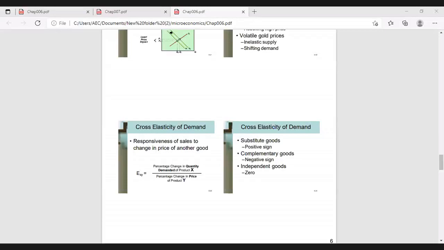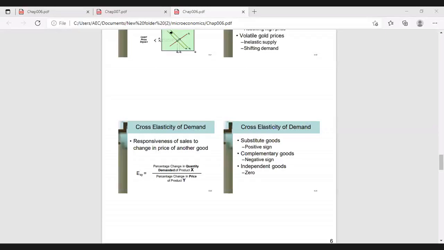The cross price elasticity value tells the degree of their relationship, whether they are strong or weak substitutes, or strong or weak complementary goods. For independent goods, a zero or near zero cross elasticity says the two products are unrelated or independent.